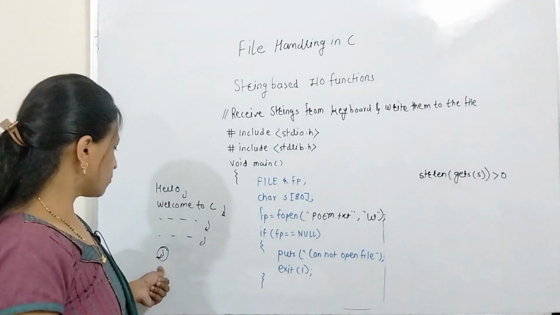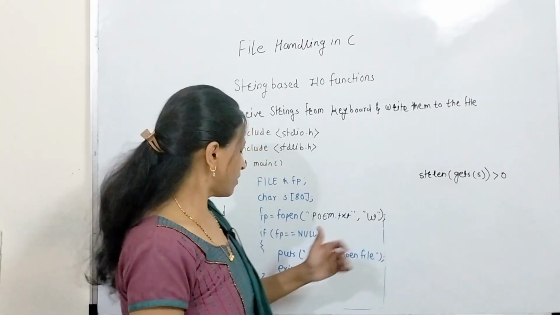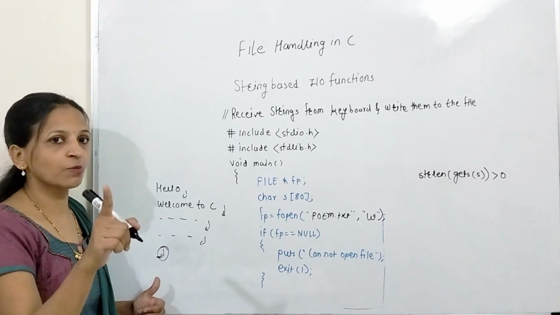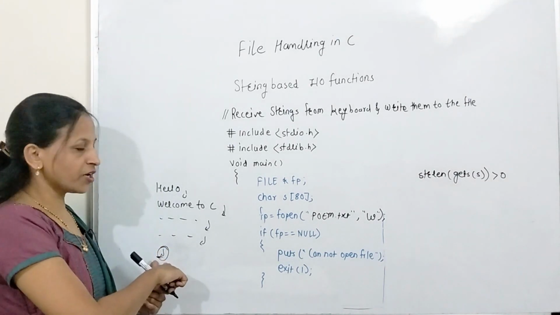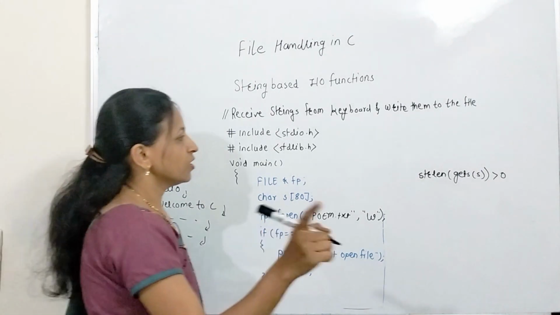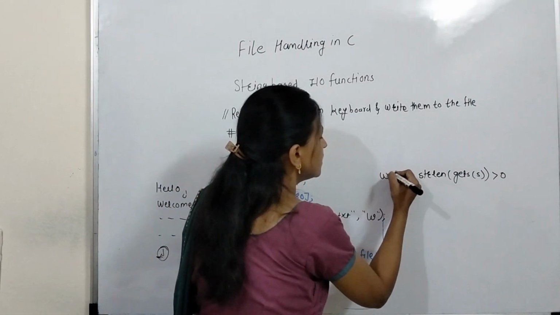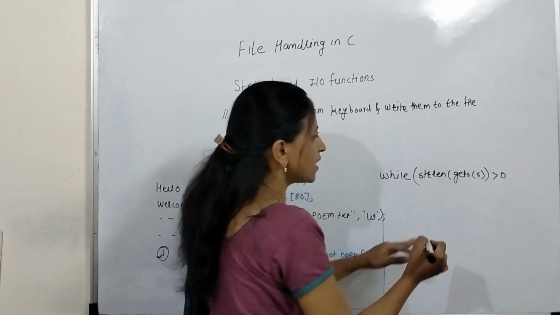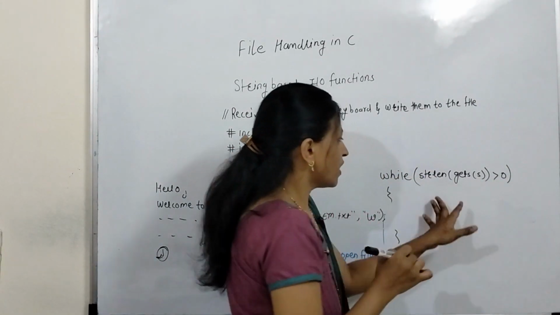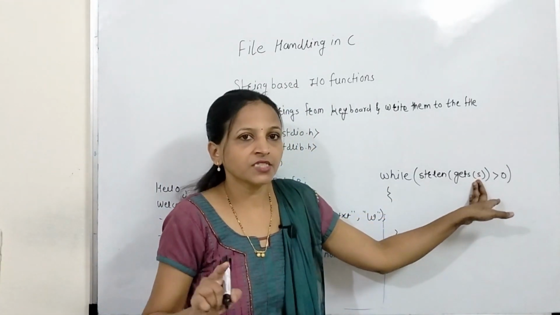Again this one up to this point, and at the end, whenever the user doesn't want to write one more string, then the user has to press one more \n, the enter key, and at that point the length will be 0. Now we can write like this. See, while strlen of gets s is greater than 0, what should be done? We have to write whatever contents are in s into the file.